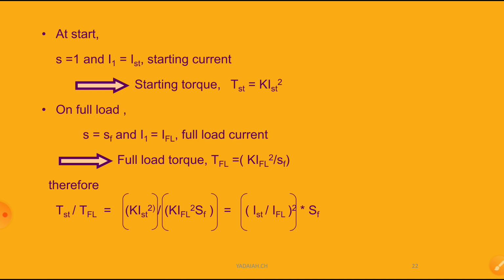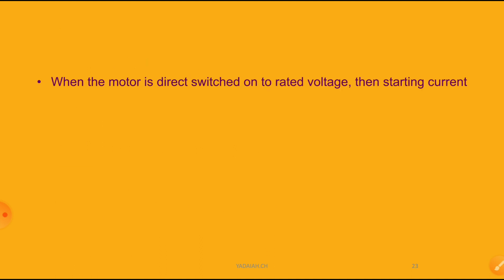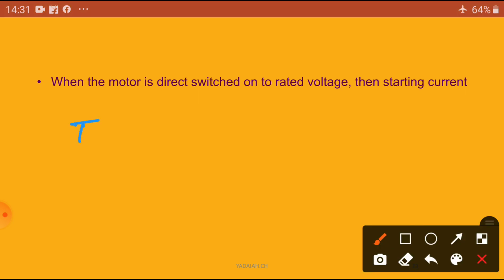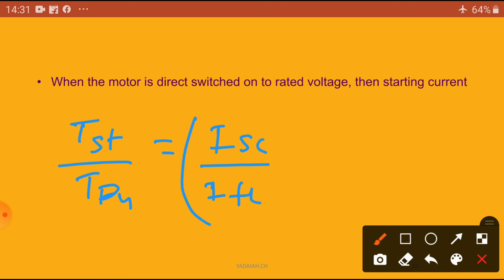Finally we can write the equation: T starting by T full load is equal to I starting current by I full load current whole square into S full load slip. This is the equation.